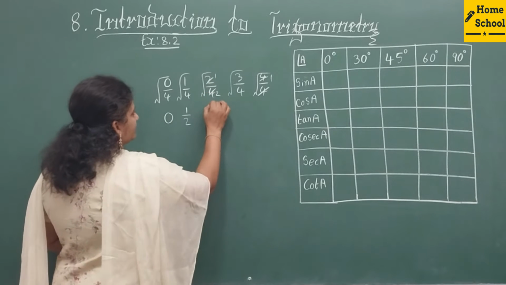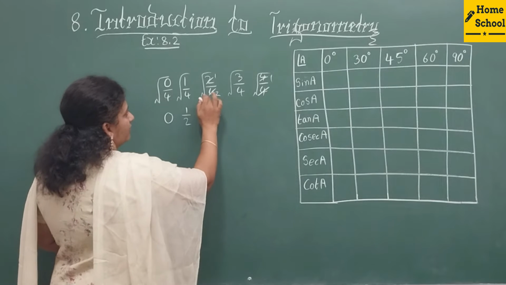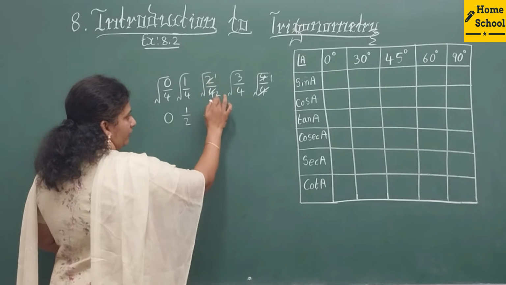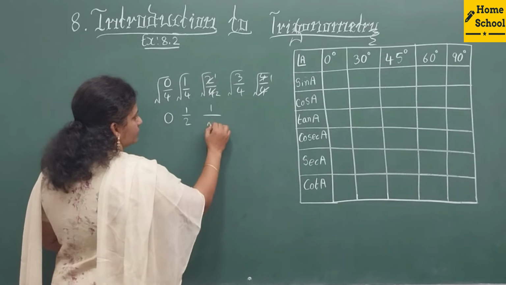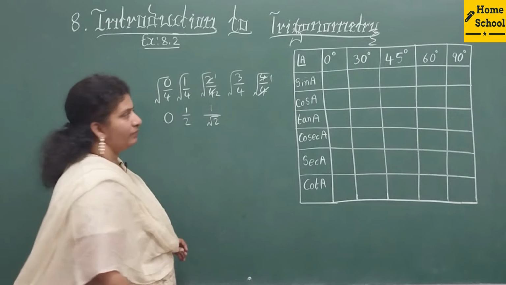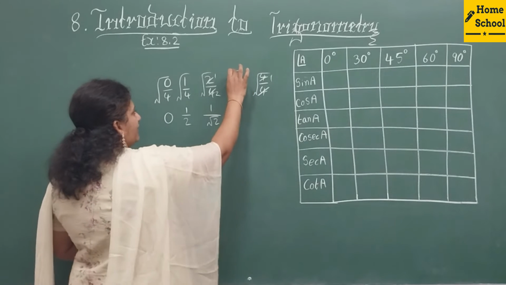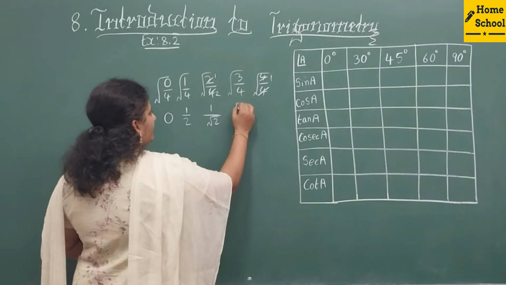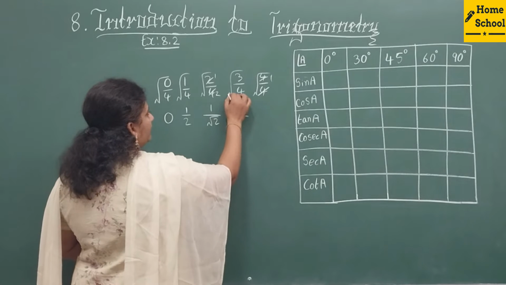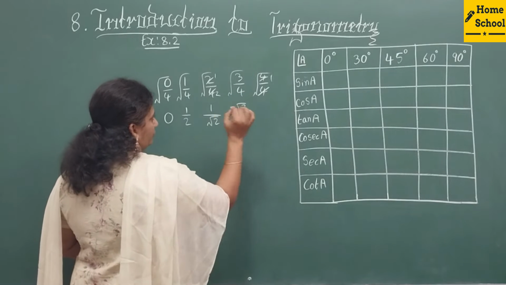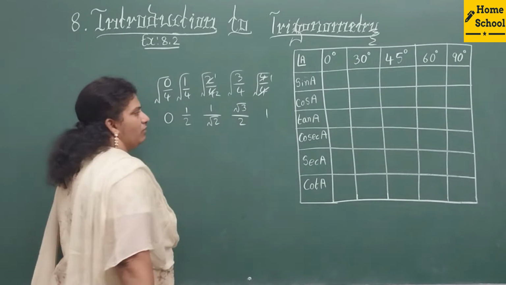Root 2 over 4 splits as root 2 by root 4, so root 2 by 2, that is 1 by root 2, since root 2 cannot be taken out. Root 3 by root 4 gives root 3 by 2. Root 4 by root 4, that is root 1, is 1.